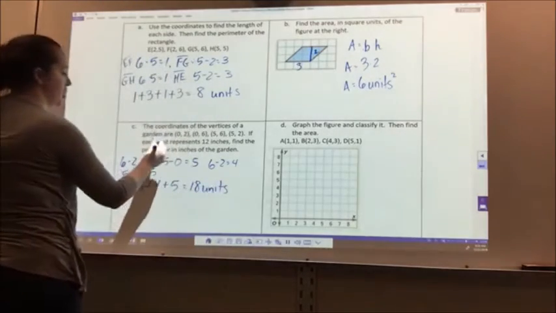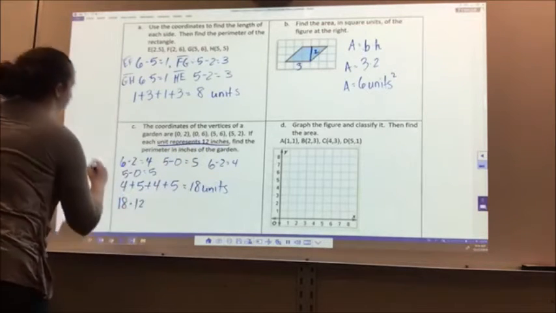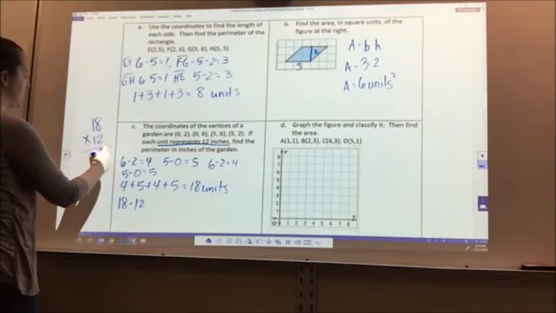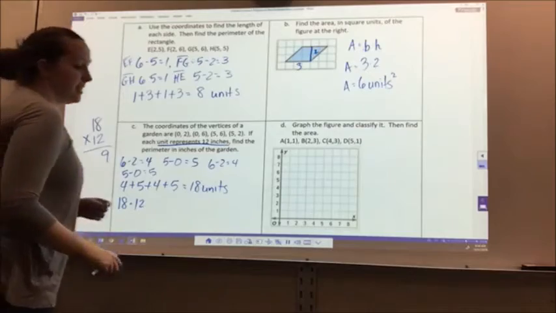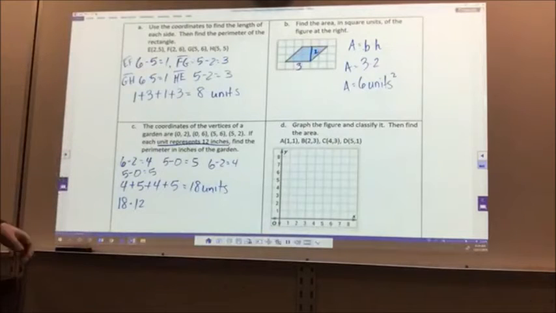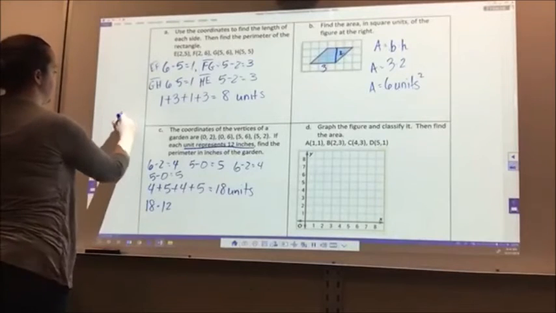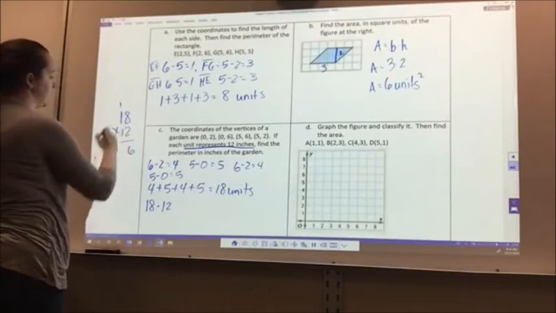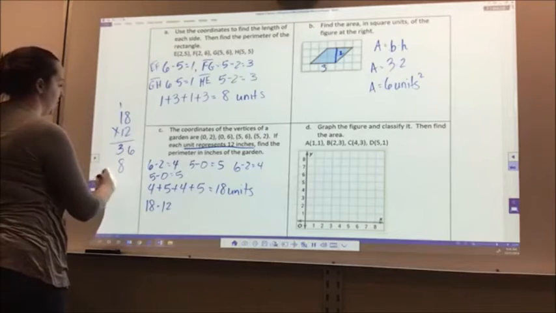And we said each unit represents 12 inches. So I have to do 18 times 12. 8 times 2 is 16. 2 times 1 is 2, plus 1 is 3. 1 times 8 is 8. 1 times 1 is 1.